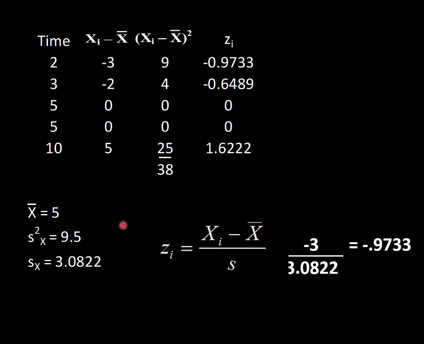Look at that last z-score, 1.6222 standard deviations above the mean. In other words, this 10 right here, the original datum that we calculated this z-score for, 10 is 1.6222 standard deviations above the mean. Now, that becomes a super handy feature when you need to interpret a z-score.